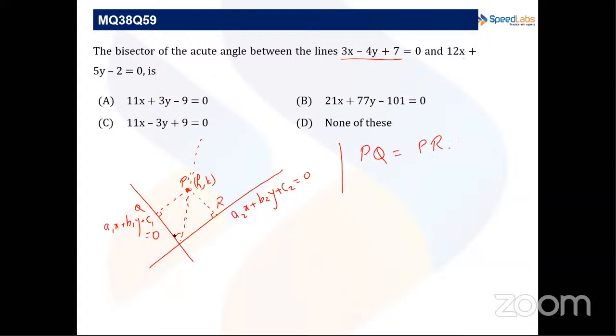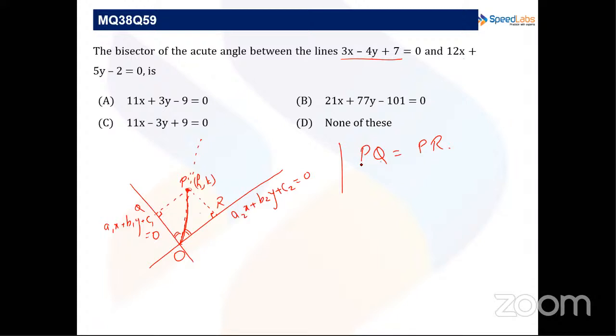Since it is a bisector, this angle and this angle will be equal, and the two angles are 90 degree and one side is common. Here OP is common. So these two triangles OQP and ORP are congruent triangles. So due to the property of congruency, we will say PQ will be equals to PR.